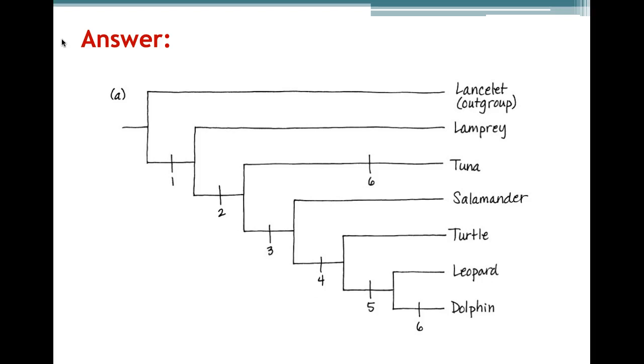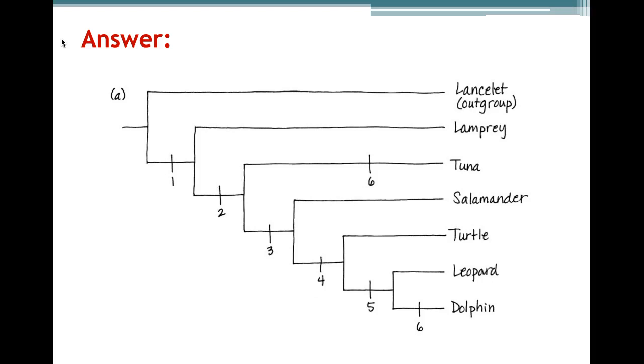Okay, so here is the answer of what your phylogenetic tree should look like. And there's a trick on this one. So the tuna doesn't quite follow protocol. Again, in real life, when you make these tables, sometimes things don't work perfectly. So the reason that the tuna is where it is, and then I'll address the 6 in a second.